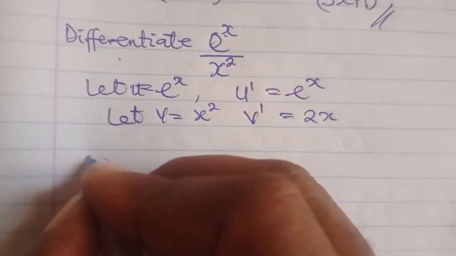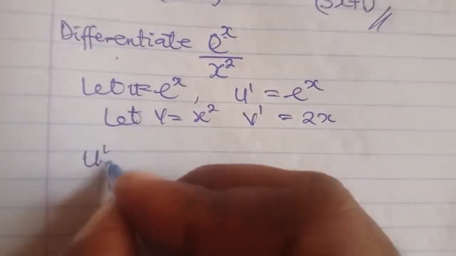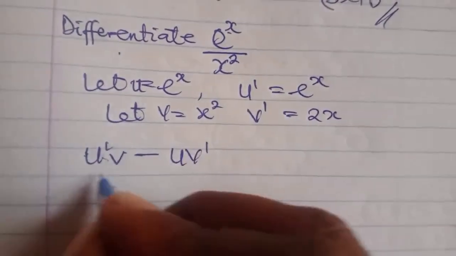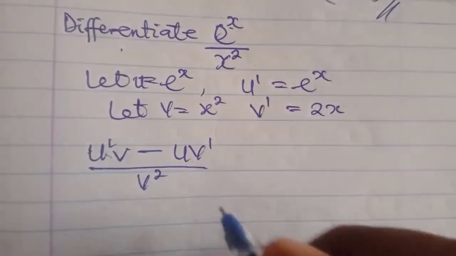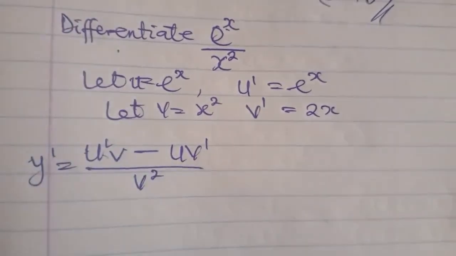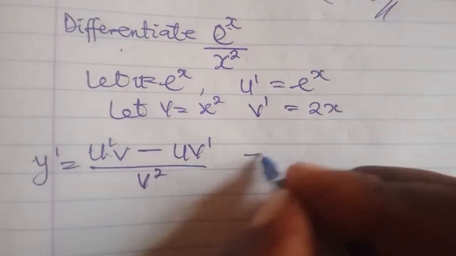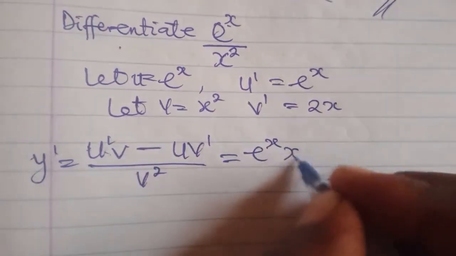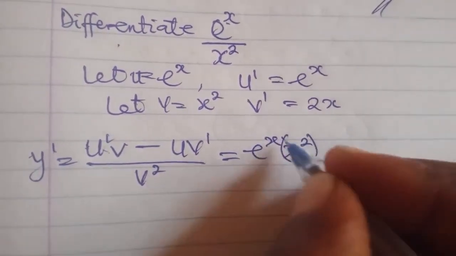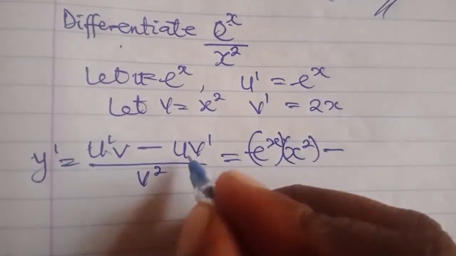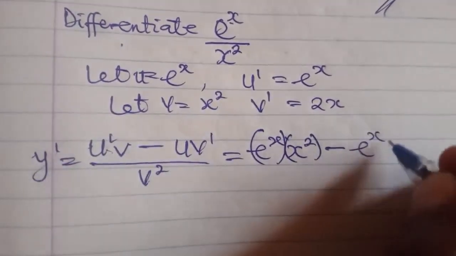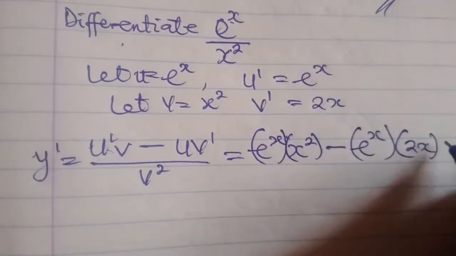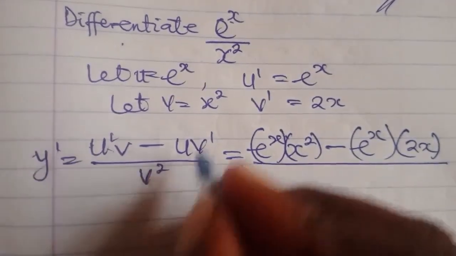So the formula we have is differentiate u, keep v constant, minus keep u constant, differentiate v, divided by v squared. That is dy/dx. So if we plug it in, we have e^x times x squared, let's use brackets to separate them, minus u, e^x, v differentiated, 2x, all over v squared.